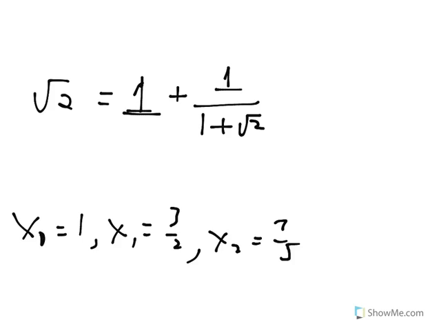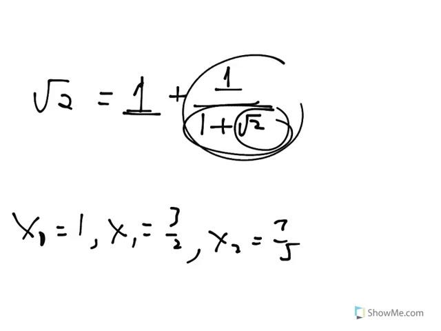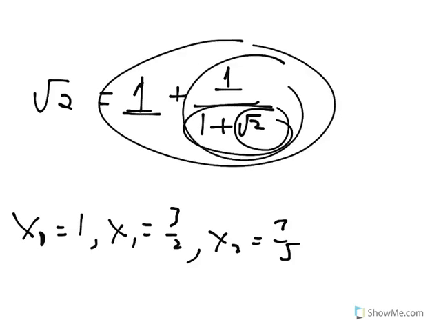You might notice here that basically what happens is that you take your last approximation, add 1, take the reciprocal, and add 1 to that, and that should get us to the next one. You see that happens here. If I take 3/2 and I add 1, I get 5 over 2, and if I take the reciprocal of that, I get 2 over 5, and if I add 1 to that, I get 7 over 5.